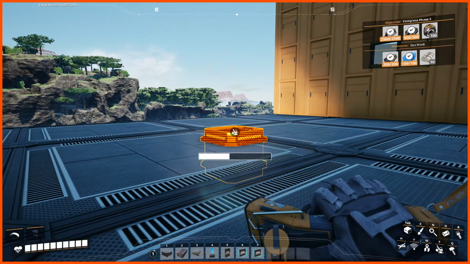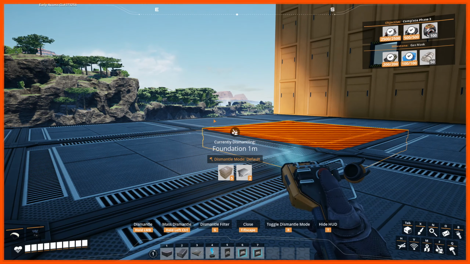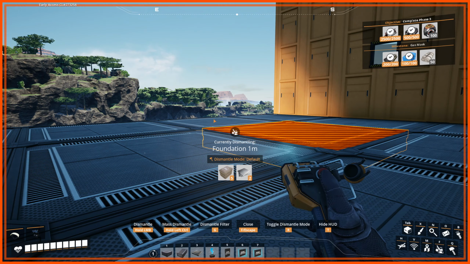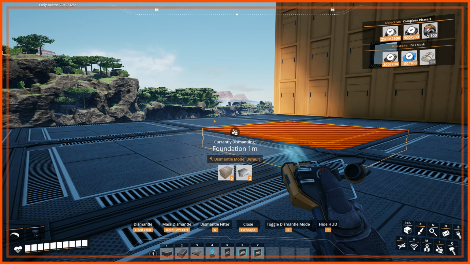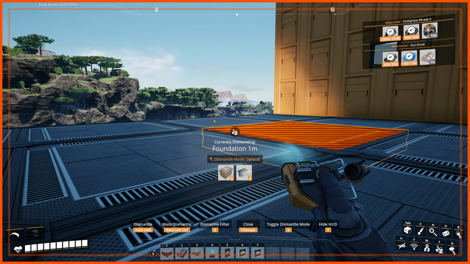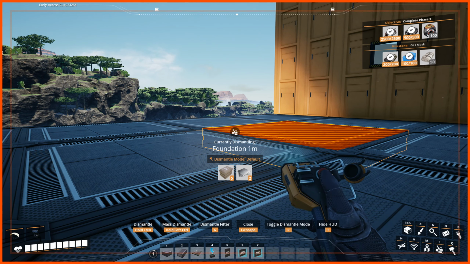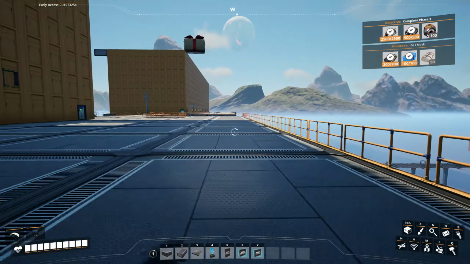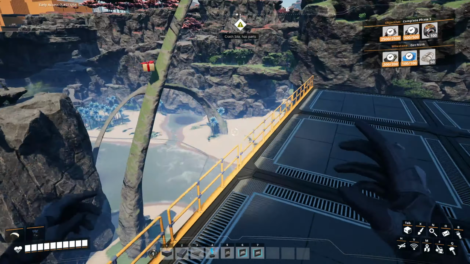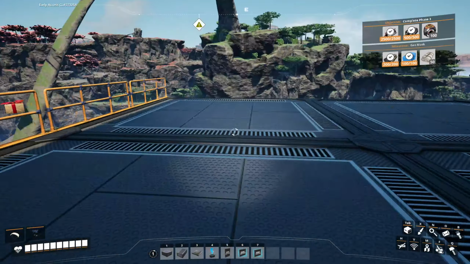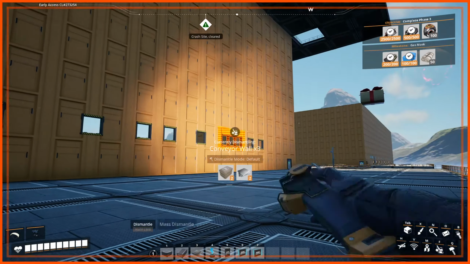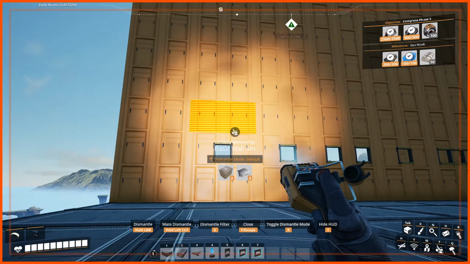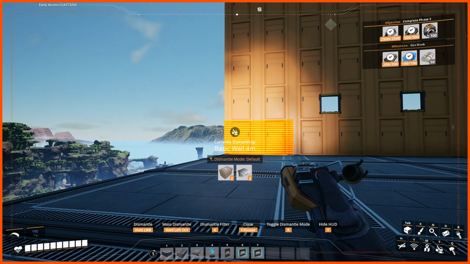Hang on a second. Does any turbo fuel have to be made with fuel? Yes, right. So that means I need to add another output on. Yeah, output, output, output.